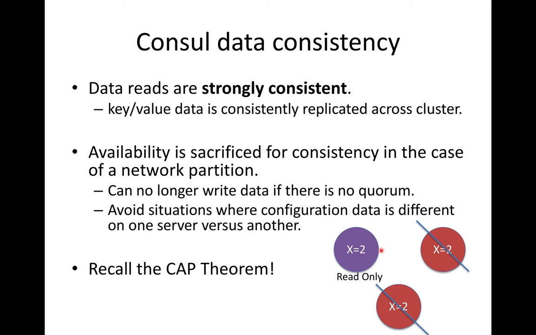And this is a situation where we said that data consistency is more important than availability. So if we don't have a quorum of nodes available, then we'll no longer allow users to write data to the system, because we want to ensure that that data is going to be consistent across all the nodes in the cluster.